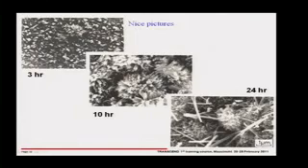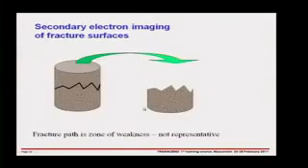You get this kind of 3D looking images, which is very, very nice for us as human beings to look at. Now, the problem is that this kind of surface you have to get by fracturing your sample. So you take your bit of cement paste, you hit it with a hammer, you take up a little piece of it, and you put that in the microscope.